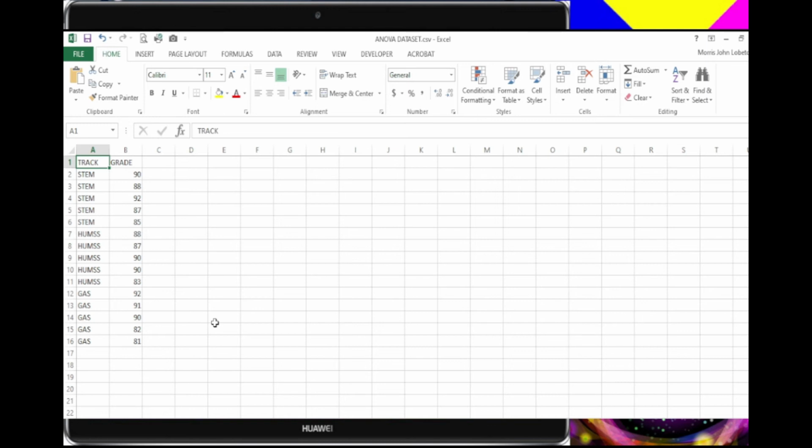You set up the data in this format: you put the senior high school track, then the grade. So the groupings here are STEM, UMS, and GAS, then their grades. We're going to test if there's a significant difference among the academic performance when grouped according to their track.